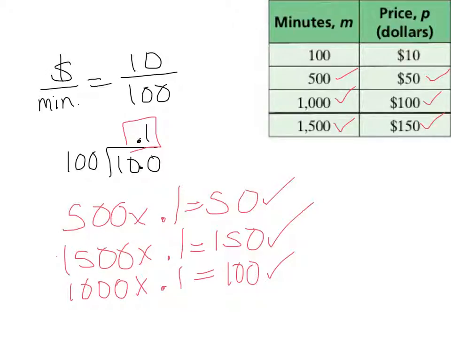We use the constant of proportionality to write an equation to find the price P per minute M. So the price equals our unit rate of 0.1 times M. So now any amount we plug into our equation will always come out with the right answer or the right amount that we're looking for.